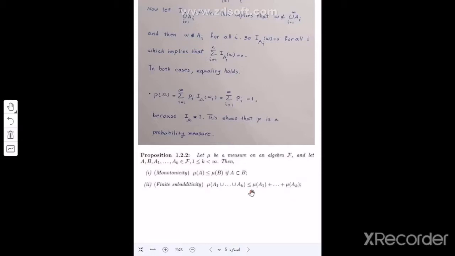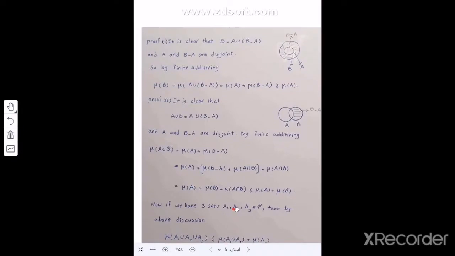This is an inequality, not an equality, because A1, A2 to Ak are not necessarily disjoint. If A1 to Ak are disjoint sets, then we have equality here, and this property is called finite additivity. But here we have an inequality. See its proof.